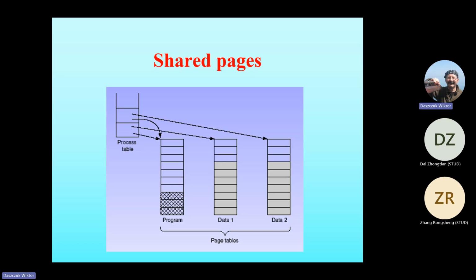For example, return stack. We discussed how the stack of the process is built, and every stack frame contains a return address. To speed up the execution, the return addresses are additionally stored inside the processor on a separate stack.